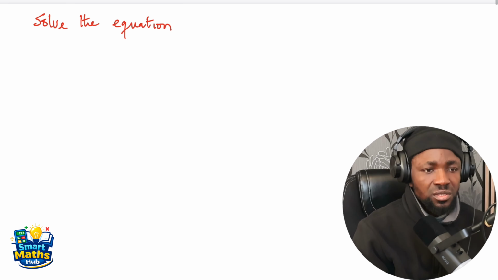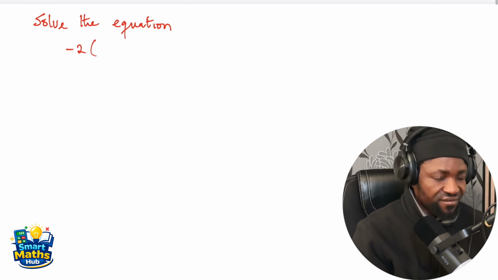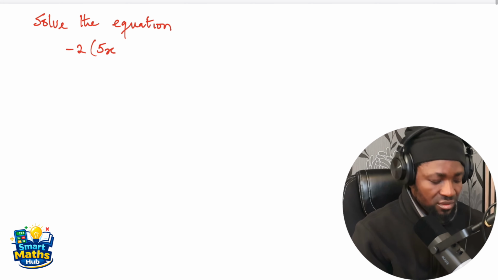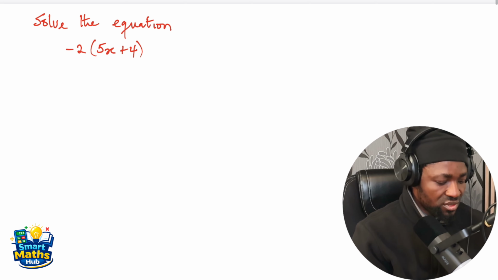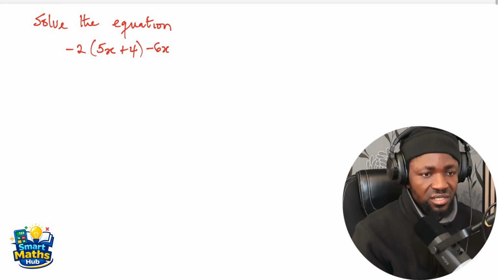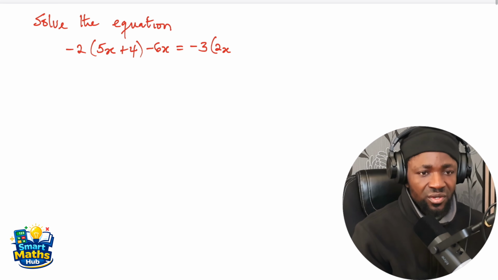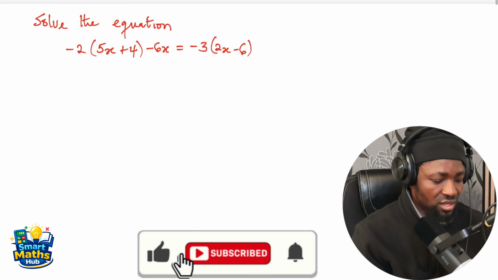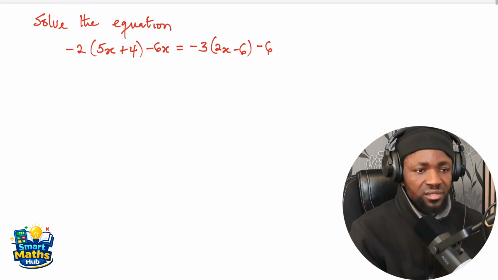The equation is minus 2, open the bracket, 5x plus 4, close the bracket, minus 6x equals to minus 3, and we have open the bracket, 2x minus 6, close the bracket, minus 6. So this is the equation, right? We have it in an equation.